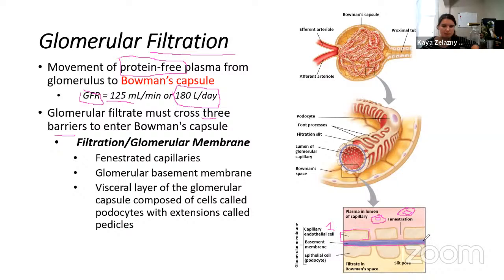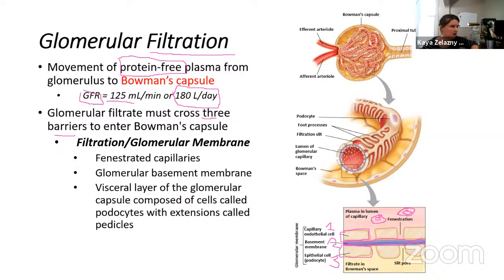The basement membrane is sandwiched between the capillary endothelial cells and another layer of epithelial cells, specifically in this case called podocytes. Here we have those podocytes, they're epithelial cells down here. So that would be number 3. The basement membrane is a membrane sandwiched between them.